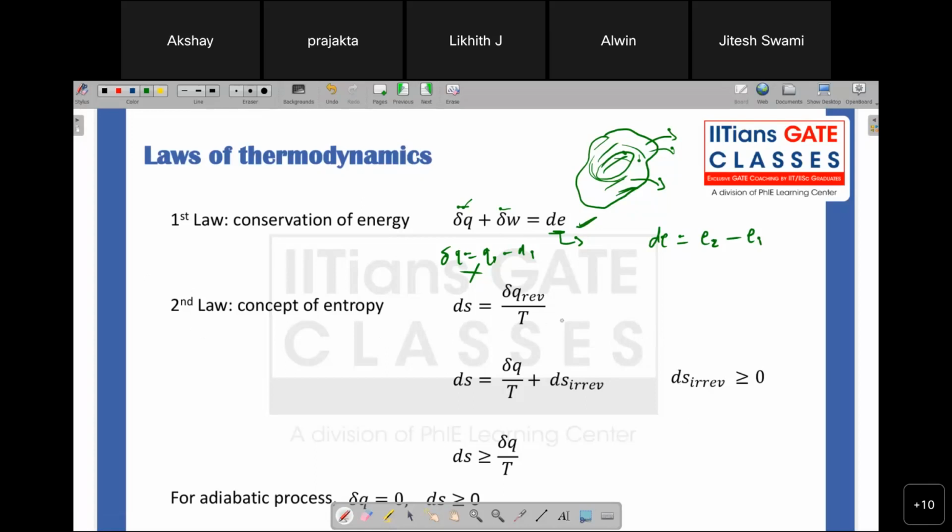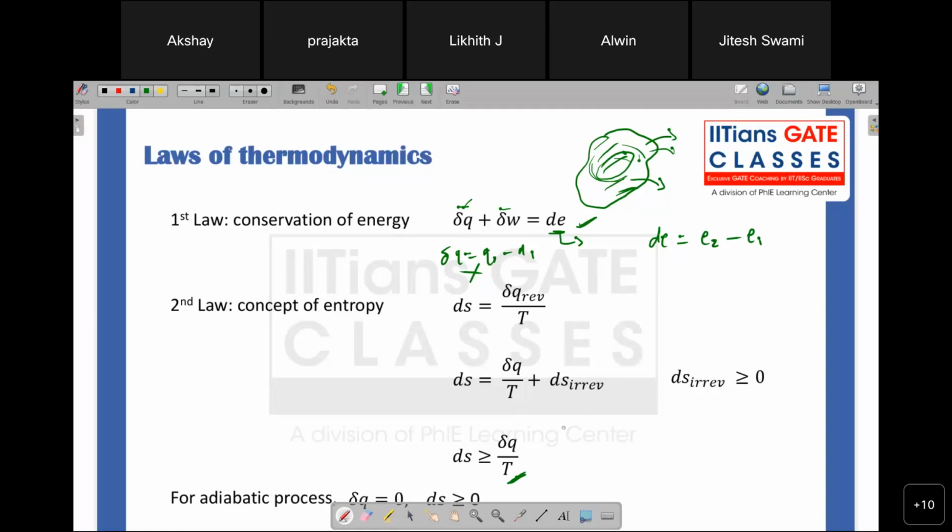We have different statements for the second law of thermodynamics. One is the Clausius statement, that is, we cannot have heat transfer from a cooler body to a hotter body. That is not possible. So there are two famous statements to define the second law. One is Clausius, the other one is the Kelvin-Planck statement, right?